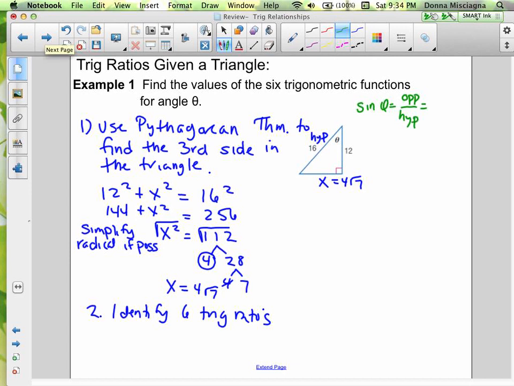All right, so sine theta is the opposite over hypotenuse. So that's going to be 4 square roots of 7 divided by 16. And don't forget, on identifying the 6 trig ratios, simplify and rationalize if possible.